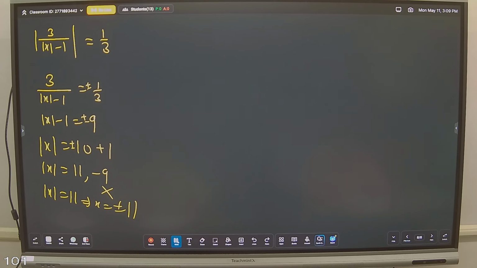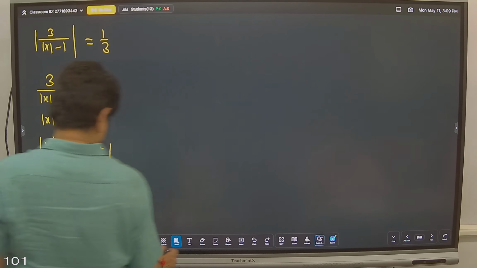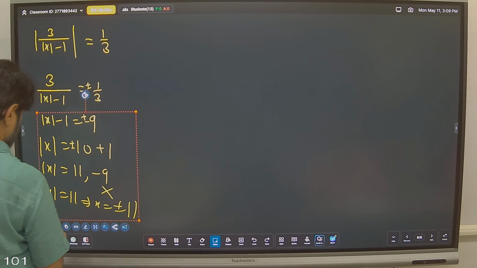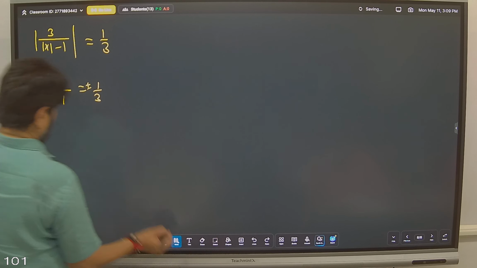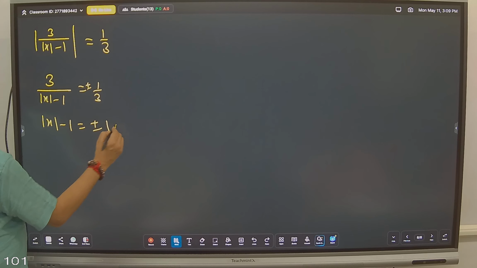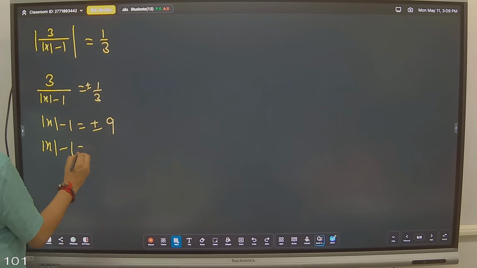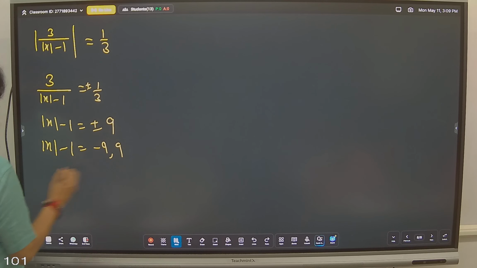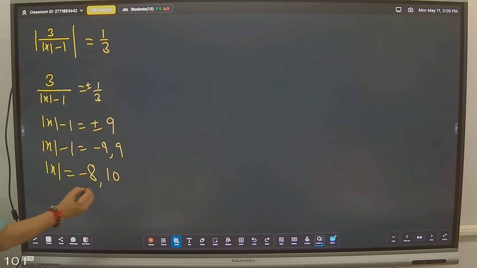Some mistake I did? I think I made a calculation mistake. Wait a minute. Let me restart. Mod x minus 1 equal to plus minus 9. So mod x minus 1 equal to minus 9 or 9. Mod x equal to minus 8 or 10. These are rejected. Mod x equal to 10, x equal to plus minus 10.